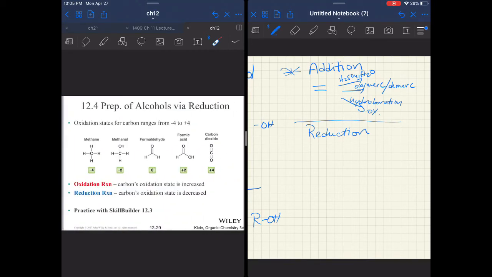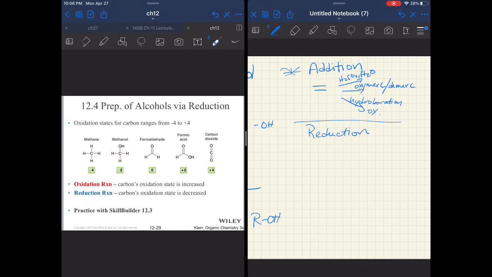If we compared these carbons as we go from left to right, it is becoming more and more oxidized. You see the carbon goes from no bonds to oxygen to 1, 2, 3, and 4. Going in the other direction would be reduction, going 4, 3, 2, 1, 0.